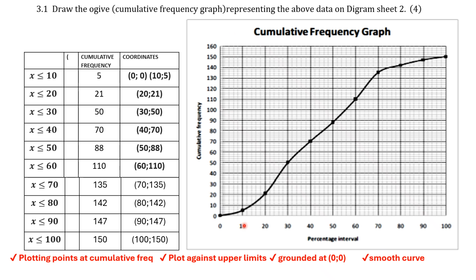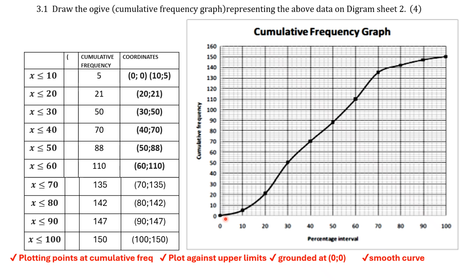So for a cumulative frequency, plotting points, plotting against the upper limits there correctly, it's grounded at 0 and 0, always 1 mark, and as I said, 1 mark for a smooth curve. So drawing it should be relatively simple. As I say, just don't get caught out with forgetting that the graph must be grounded, but further on the rest I expect you to draw.